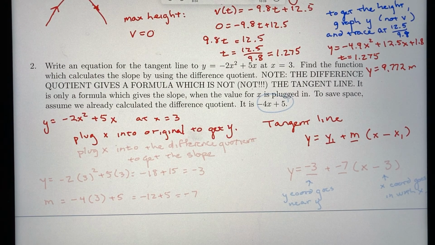We plug x into the original to get the y value, and we plug x into the difference quotient to get the slope.